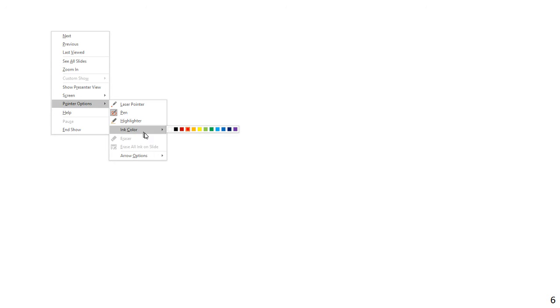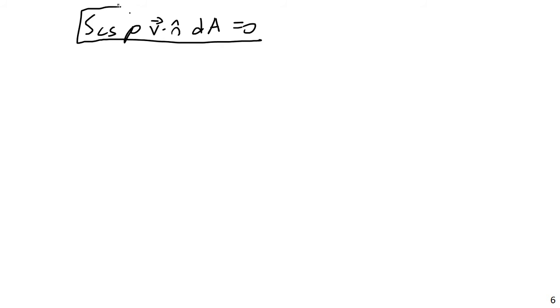Let me write out this special case of the general continuity equation: the integral across the control surface of rho v dot n dA equals 0. So this is our equation that we're going to be using.